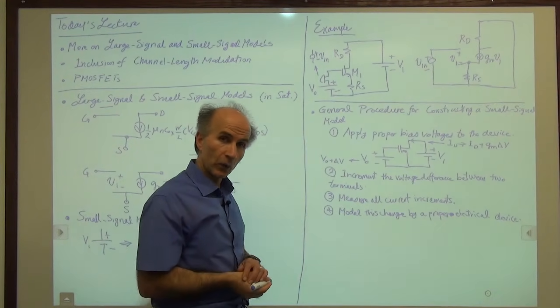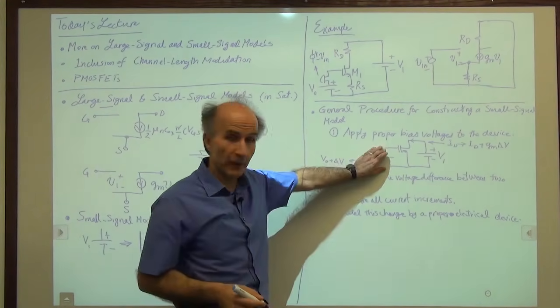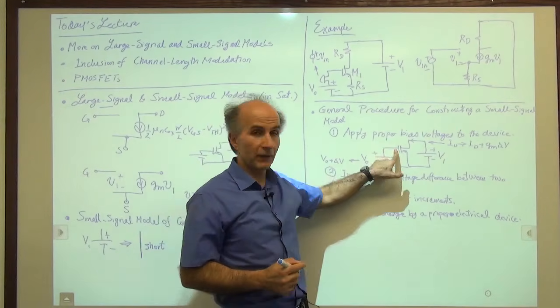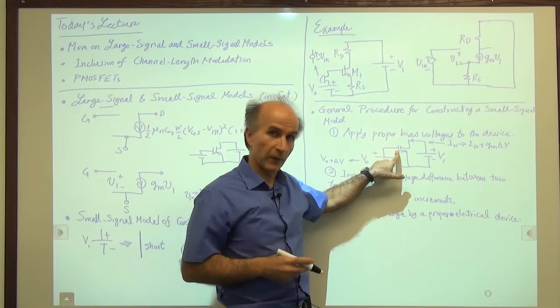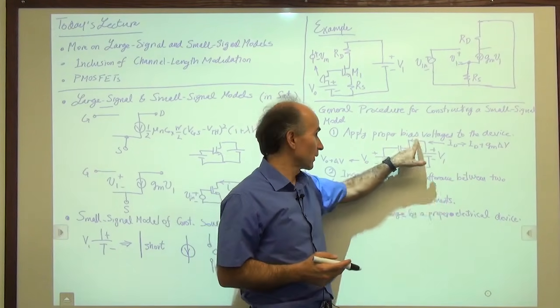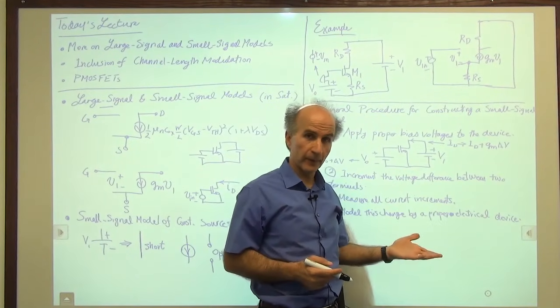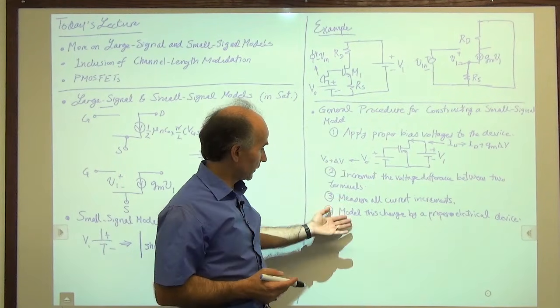And we said, okay, I changed this voltage by delta V, and I measured all current changes. Well, the gate doesn't have much current, so we don't have to worry about that. The only current is really between drain and source, and that current changed by gm delta V.